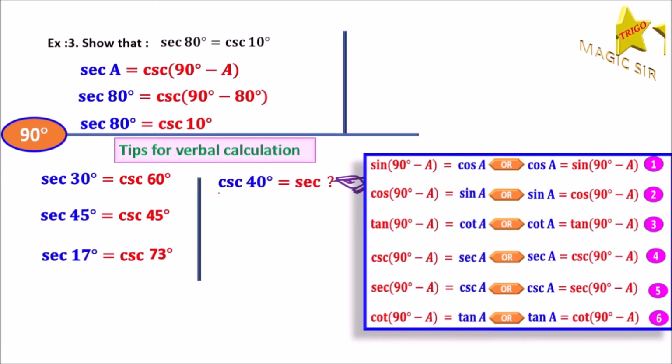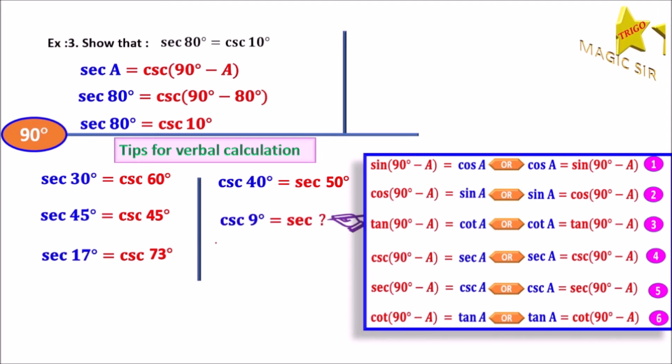Similarly, we can convert cosecant to secant. Cosec 40 degrees is equal to sec of 90 degrees minus 40 degrees, which is sec 50 degrees.